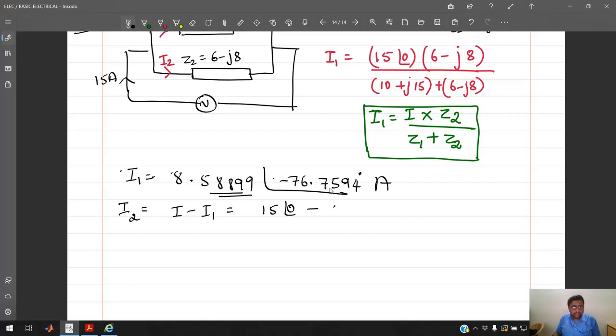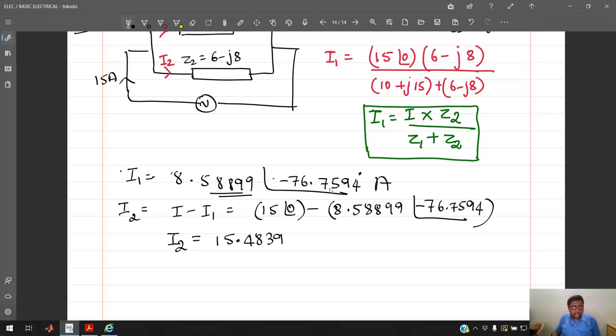I2 you can calculate using I minus I1, that is 15 at an angle 0 minus 8.58899 at an angle of minus 76.7594. If you solve this, you are going to get the value of I2 as 15.4839 at an angle of 32.6806 degree ampere. So these are the values of I1 and I2 you have got.